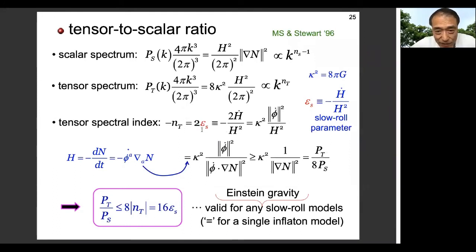and your observational data is accurate enough so that you can read off a spectral tilt, then this tells you that the tilt must be greater than PT over PS divided by 8. Or maybe this is the final.